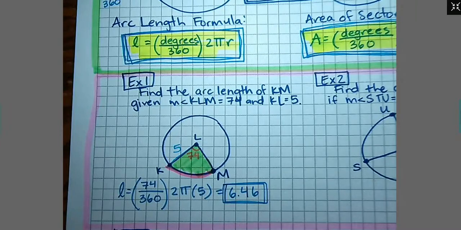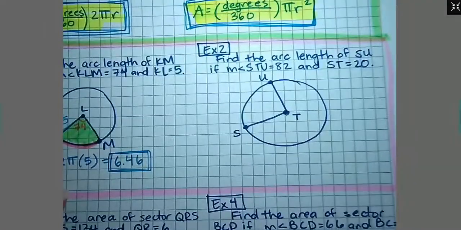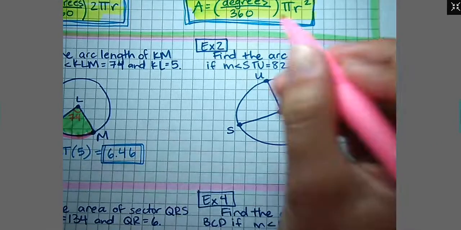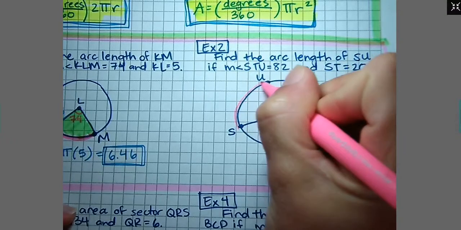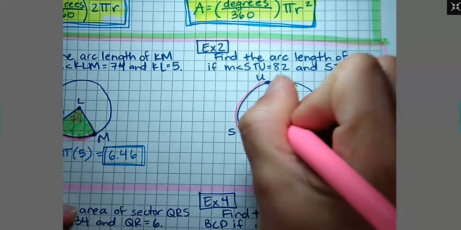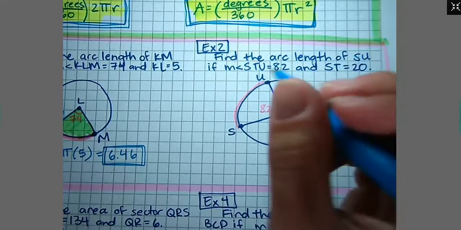We're going to do another example using this formula, and then we're going to move on to area. So this one, find the arc length of SU, so that's asking for this, if the measure of STU is 82, and the measure of ST is 20, sorry, not 20 degrees.